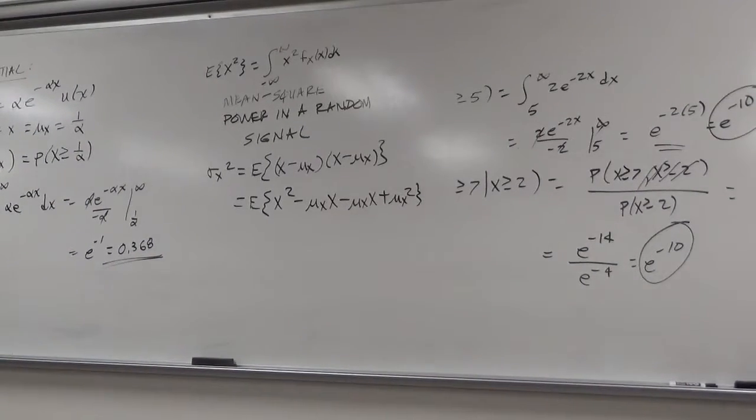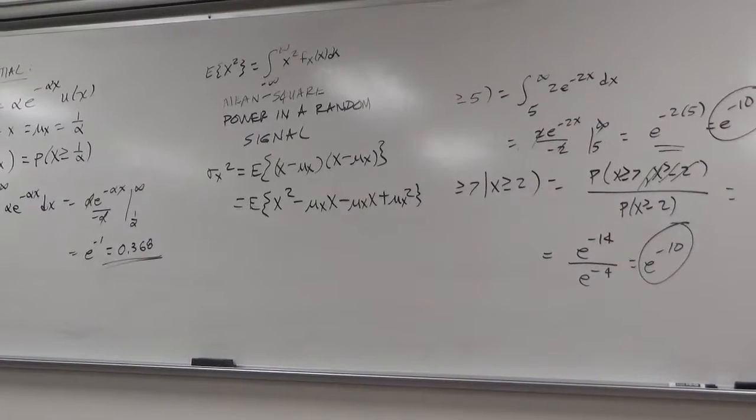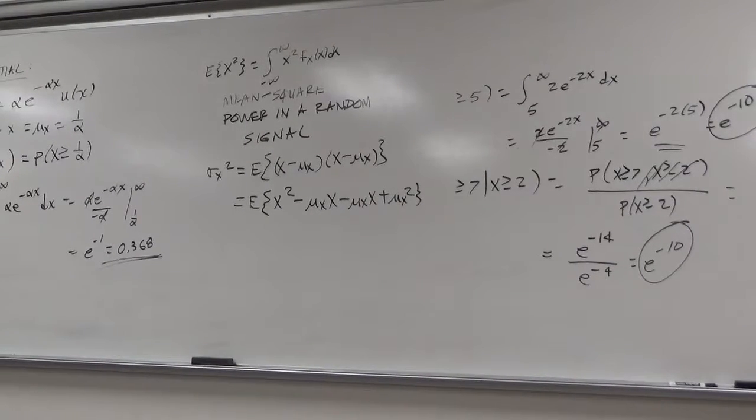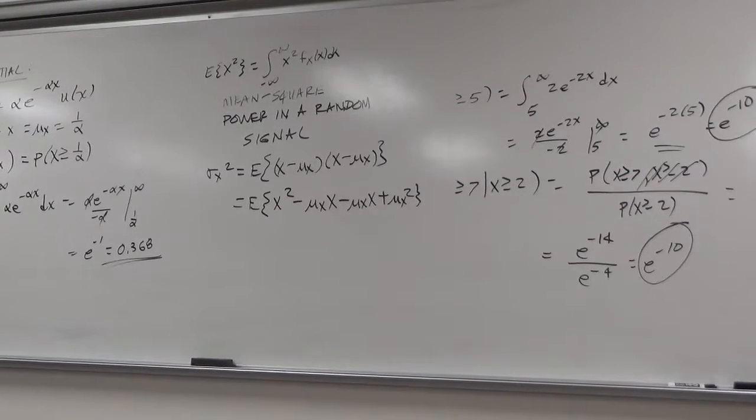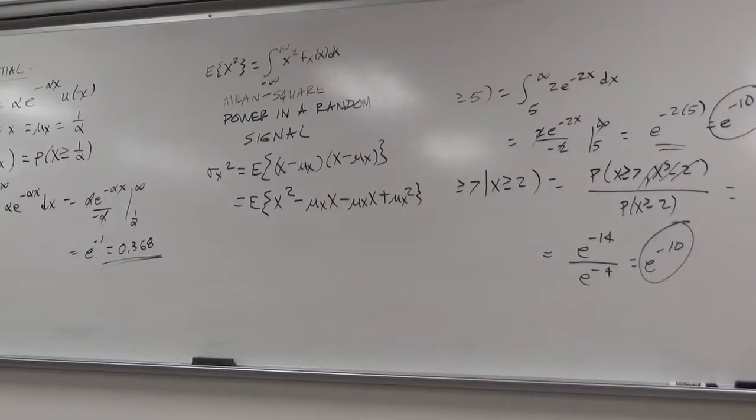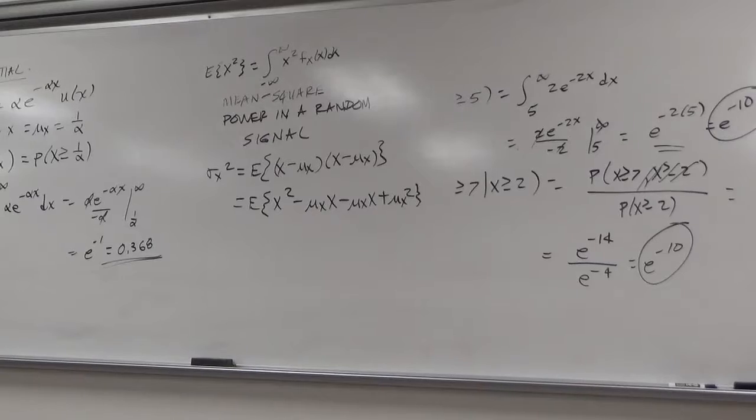Expectation, look at the definition here. Expectation is an integral. Is that a linear operation? Two things you need to know for it to be linear. If I take the expectation of the sum of two things as the sum of the expectations, what if I said that about an integral?